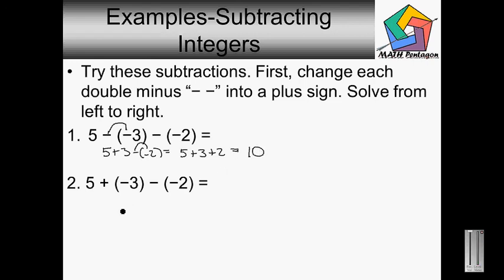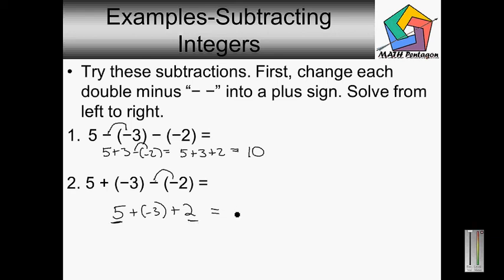Okay, let's go to the next problem. We have 5 plus -3 minus -2. First we distribute this subtraction and negative, and turn this into a positive. So let's rewrite this: 5 plus -3 plus 2, and you want to combine the positives first, 5 and 2.